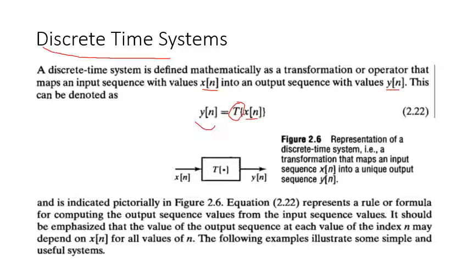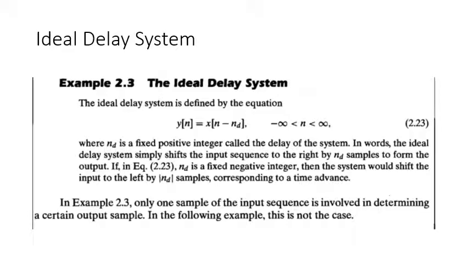So we are mapping input values to output values. So this is input, this is any transformation, and this is our output. So that is the representation of a discrete time system: a transformation that maps input sequence to output sequence y of n.